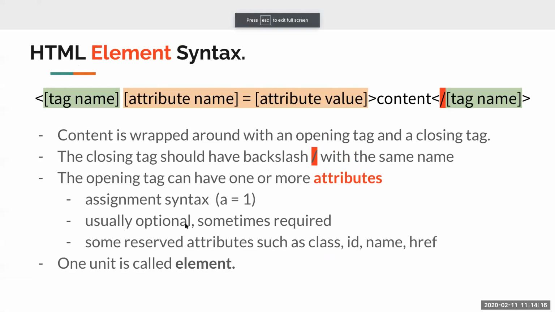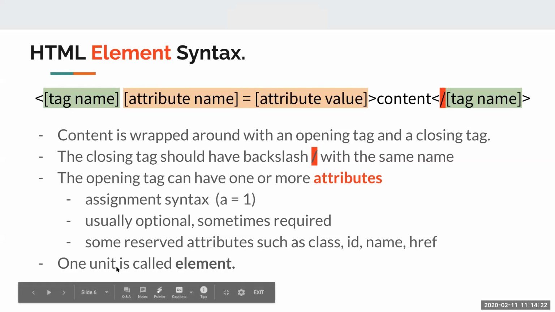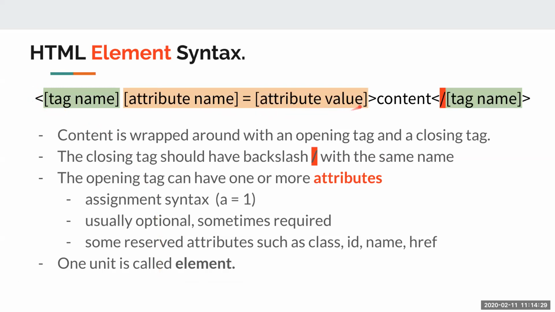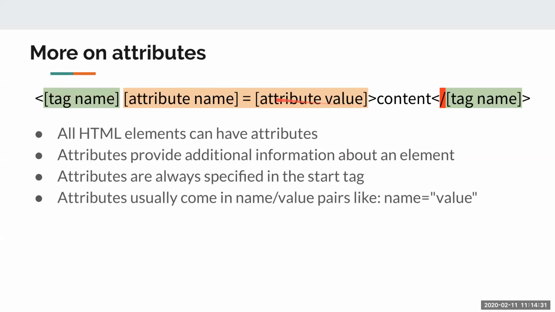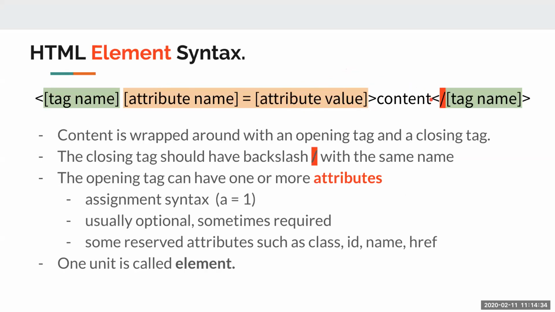So this is basically the basic syntax of an HTML element. This is a starting tag, and then this is an ending tag. The starting tag has a tag name, and the ending tag has the tag name, with a backslash in front of it, and obviously the tag name has to match.